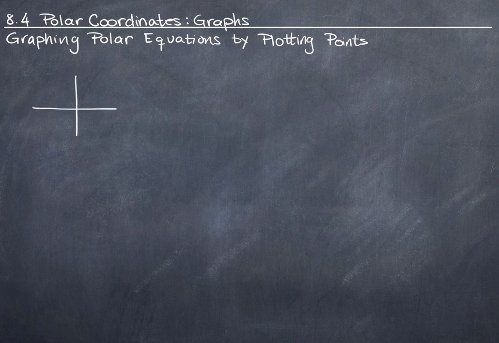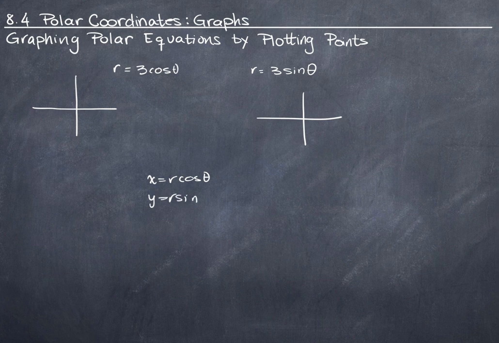If you have something like r equals 3 cosine theta versus r equals 3 sine theta, remembering as a mnemonic that x equals r cosine theta and y equals r sine theta, cosine is an x thing. So this cosine graph is going to hug the x-axis, and this sine graph is going to hug the y-axis.